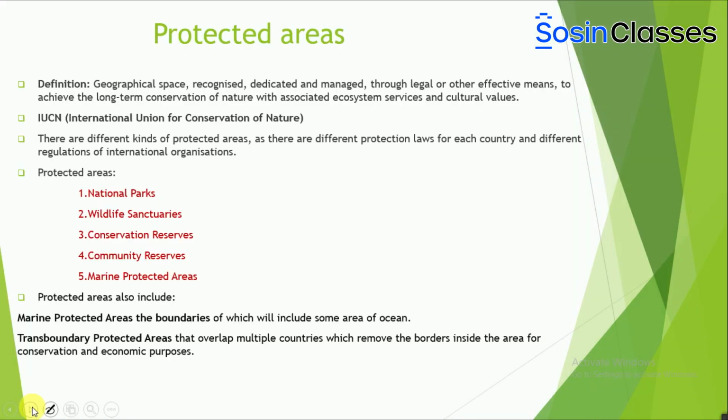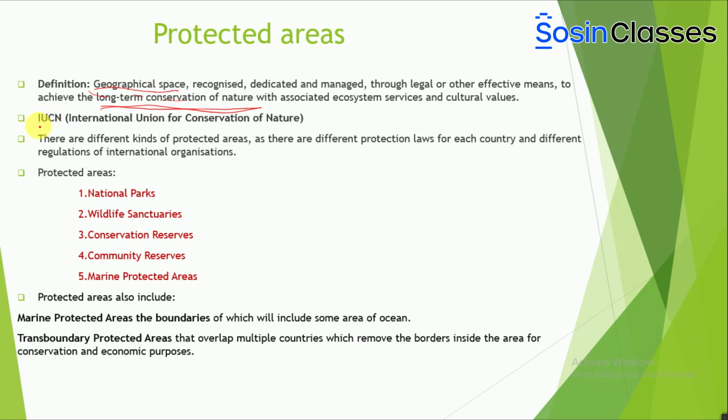What are protected areas? They are a geographical space recognized, dedicated and managed through legal and effective means for long-term conservation of nature. So the two key words we have to remember here are a geographical space and long-term conservation of nature. Who defines protected areas?